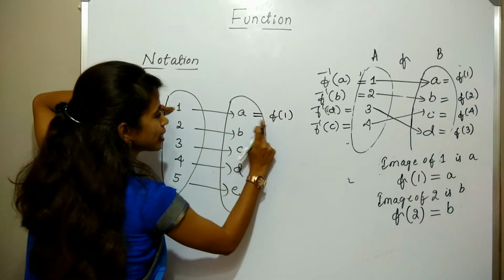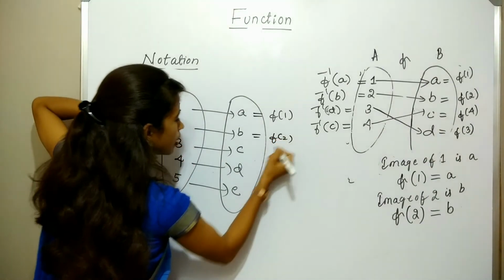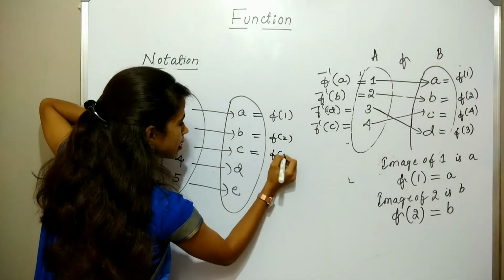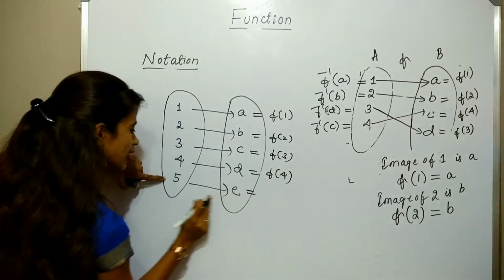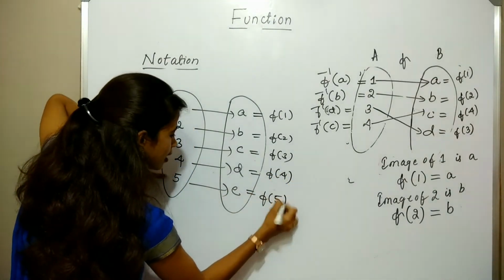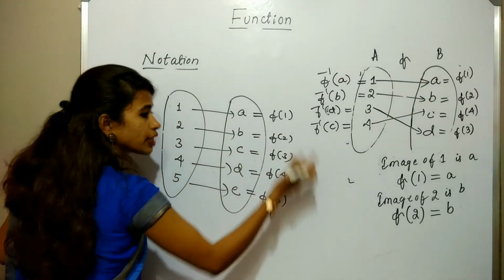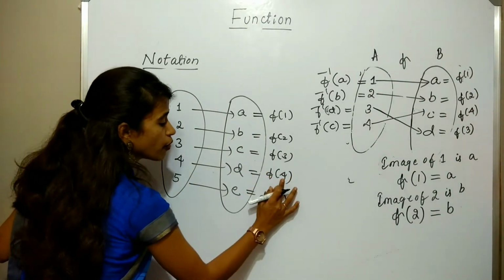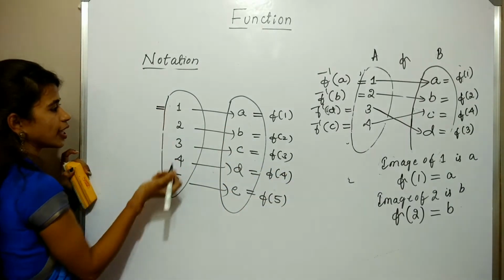Image of 1 is A. Image of 2 is B. Image of 3 is C. Image of 4 is D. Image of 5 is E. That is f of 3 means image of 3, f of 4 is image of 4. Okay.